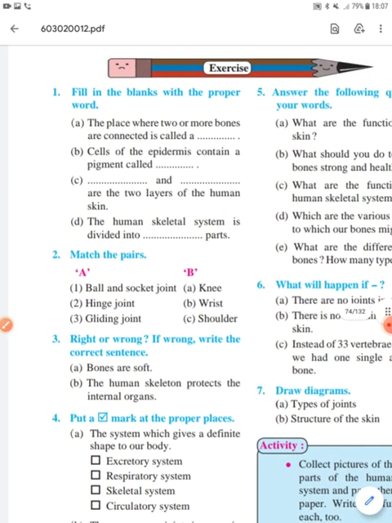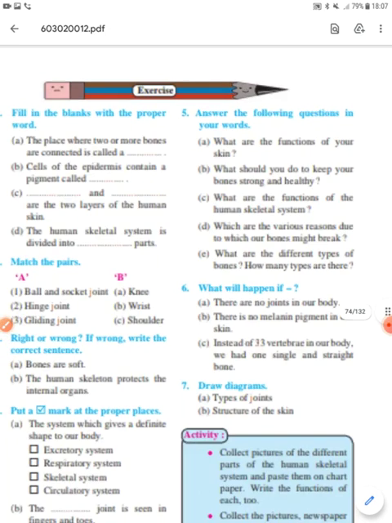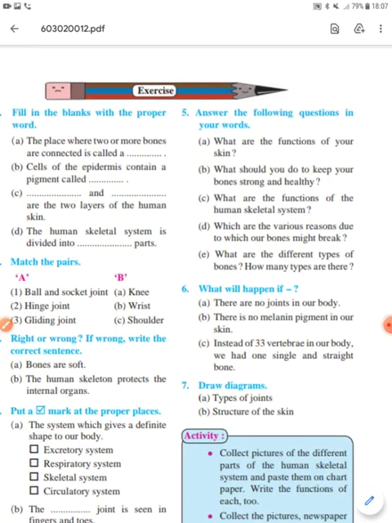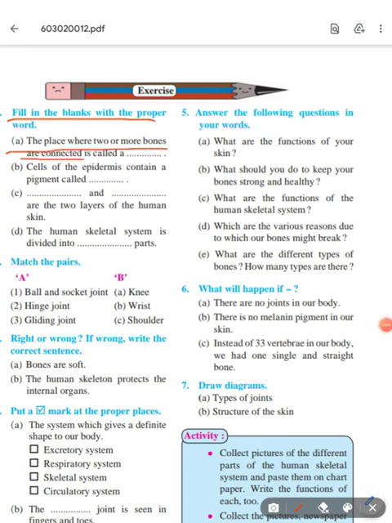First, exercise questions. I am asking only questions. You have to find the answers and comment in the comment box. First question: A. The place where two or more bones are connected is called dash.